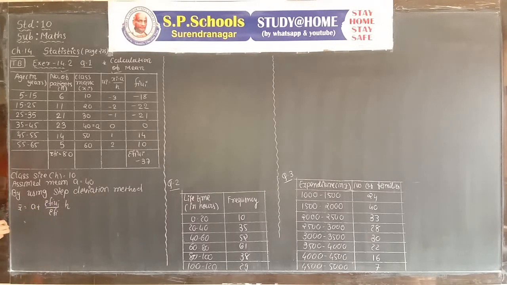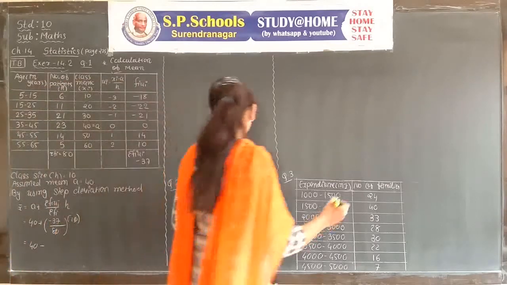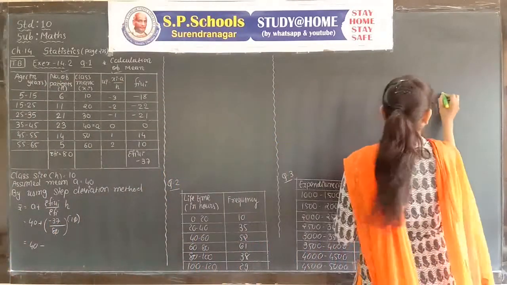Now we substitute all the values. A is 40 plus sigma Fi Ui, which is minus 37, sigma Fi is 80, and h is 10. Now the zeros are cut. 40 plus minus, we divide 37 by 8.